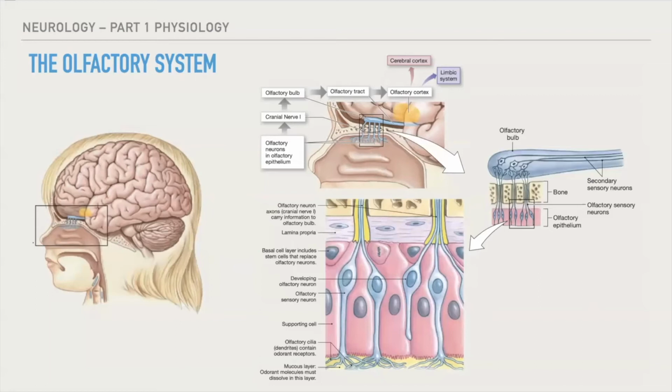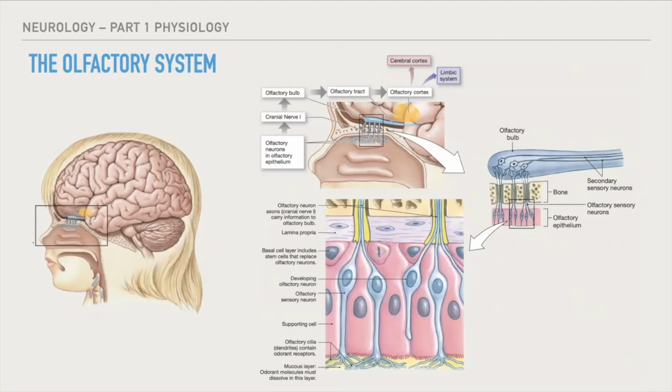The olfactory epithelium consists of three types of cells: the supporting cells, the basal cells, and the olfactory receptor cells. The supporting cells are the pink long cells in the picture. The basal cells are the small triangular pink cells, and the olfactory receptor cells are the long blue cells with the cilia.